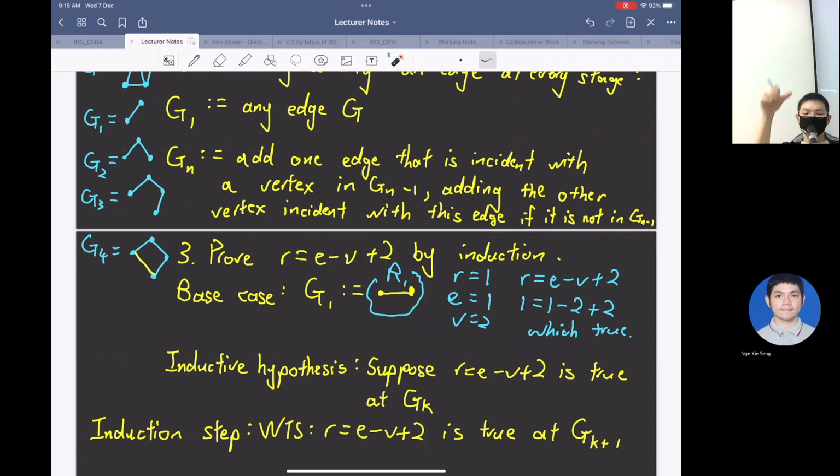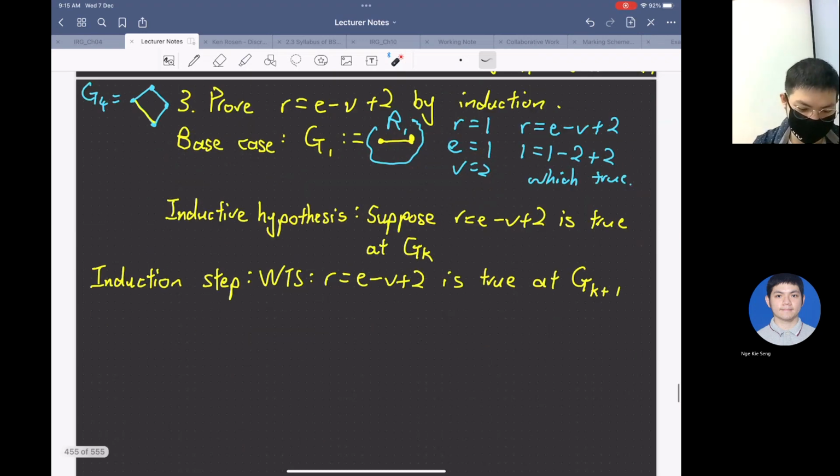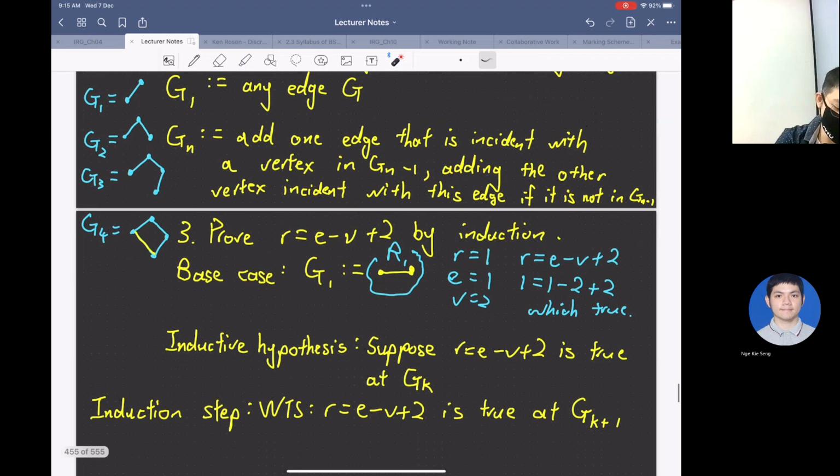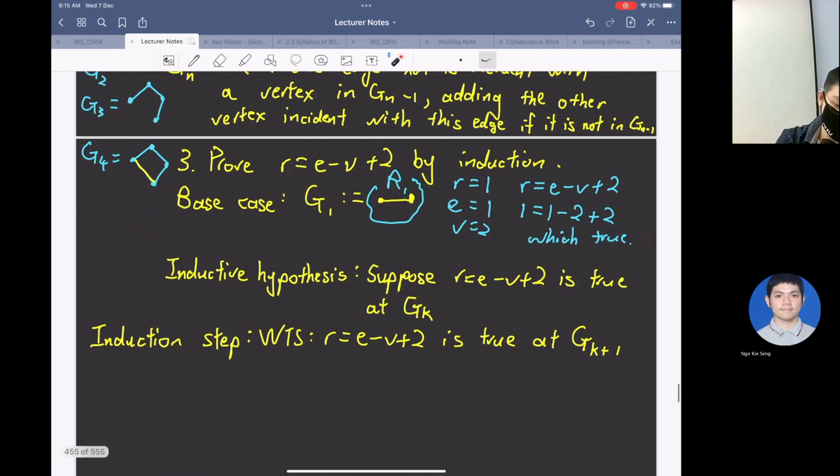There are two ways to add this edge, right? Either when you add this edge, both vertices are already there, or when you add the edge, you need to add an extra vertex. So there are two cases to check.